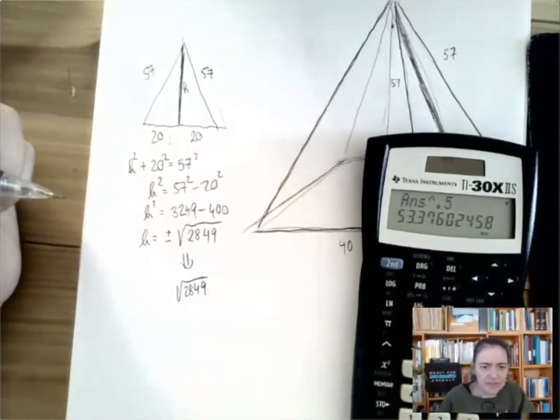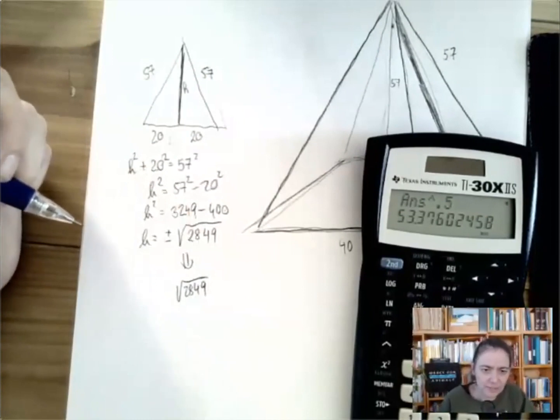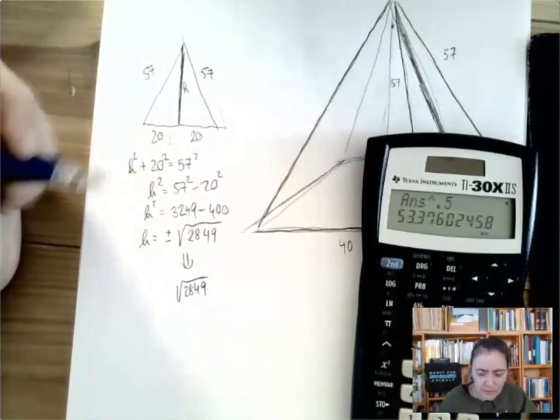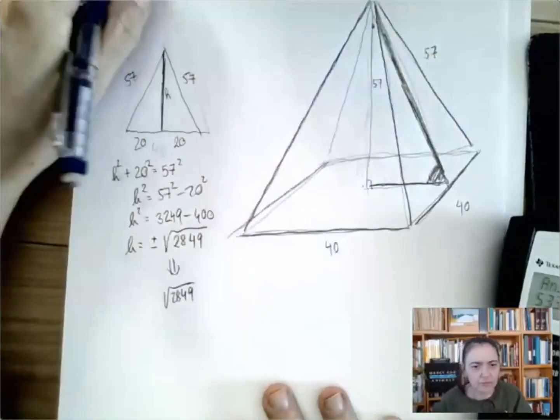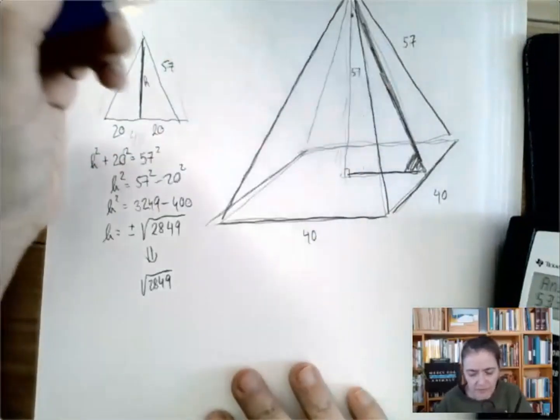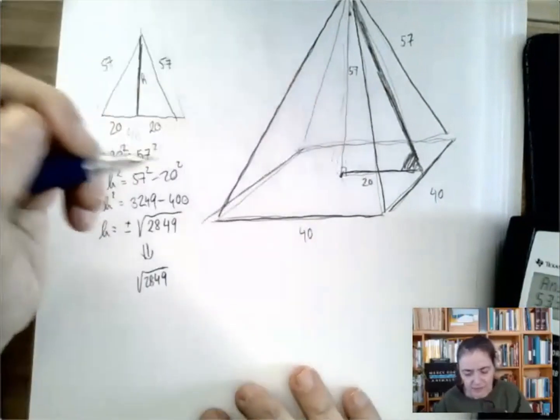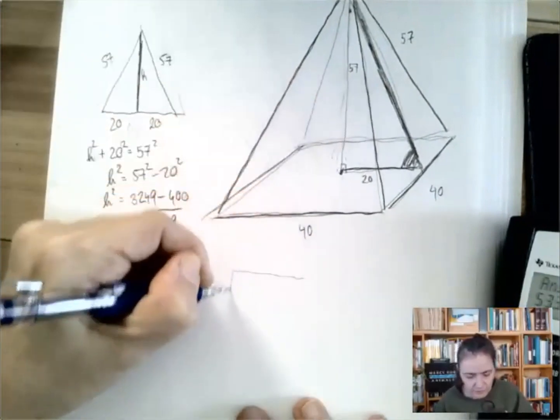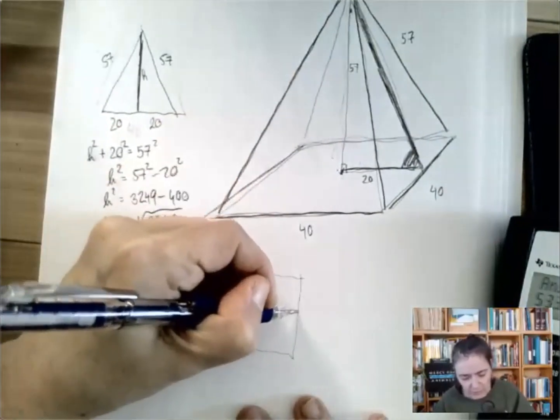Some squares we might be able to drag out from under the radical, but we shouldn't spend much time with it because remember, we have to find the approximate value of an angle. It's not going to matter what form we're going to use. Because now, if we call this angle alpha, well, this side is 20, right? Because, from viewing above, we're going to the center from the midpoint of a side.